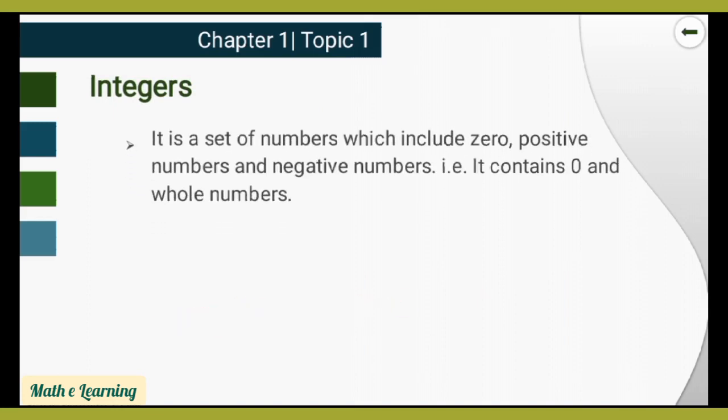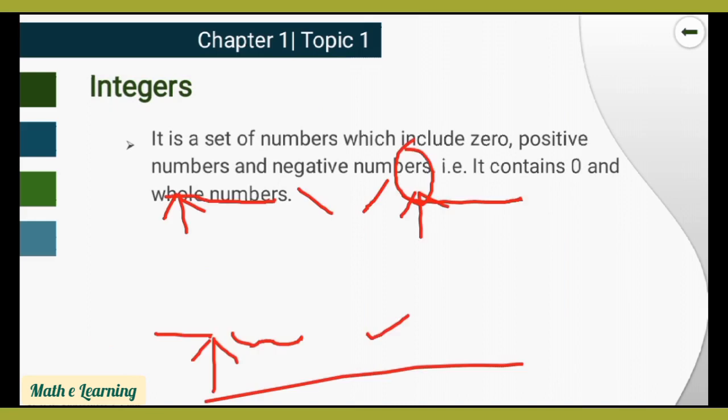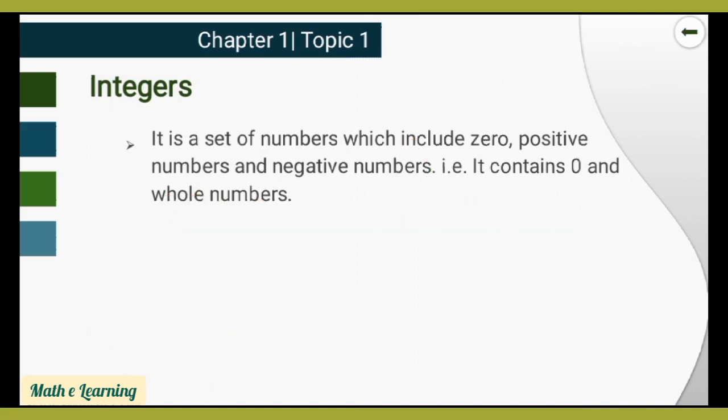Now what is an integer? It is a set of numbers which include 0, positive numbers and negative numbers. It contains 0 and whole numbers.